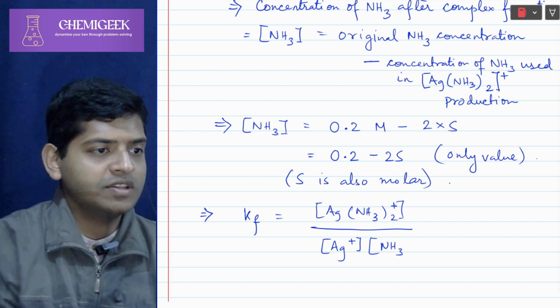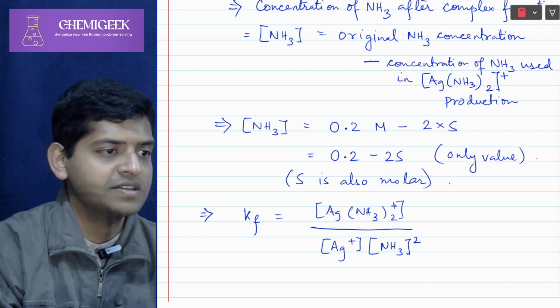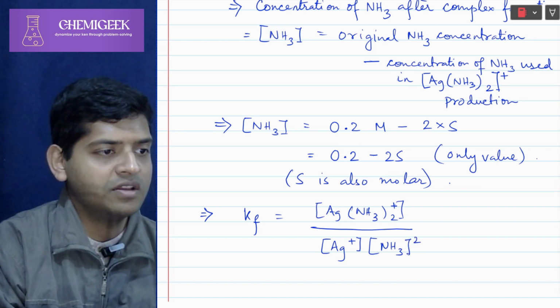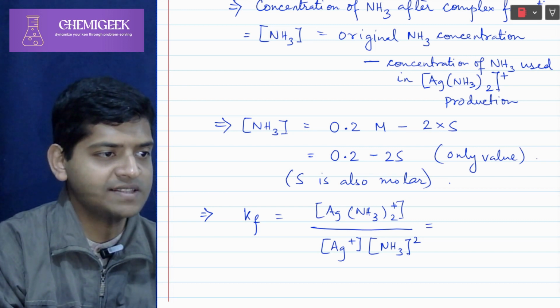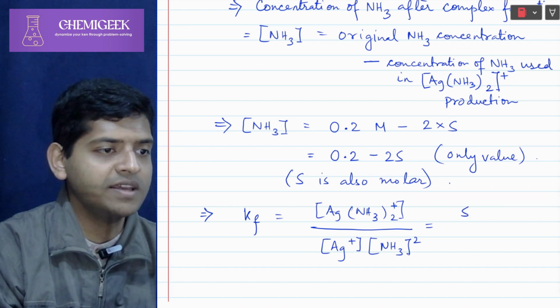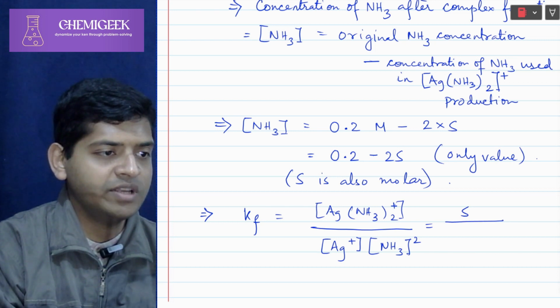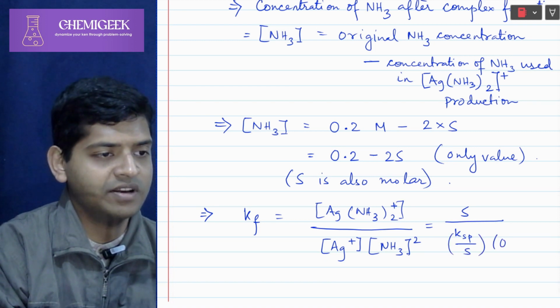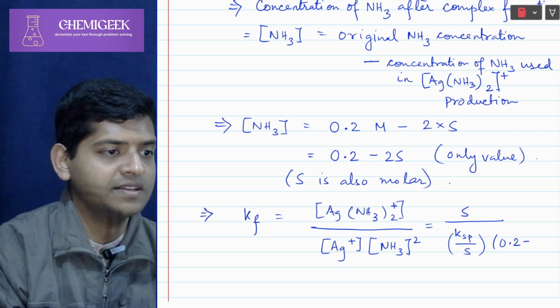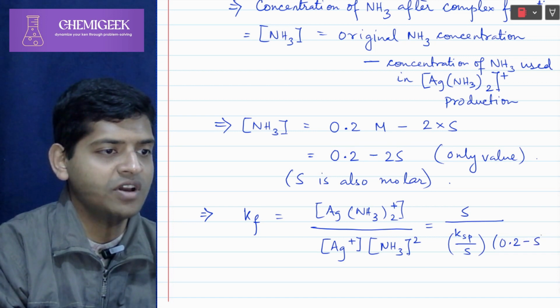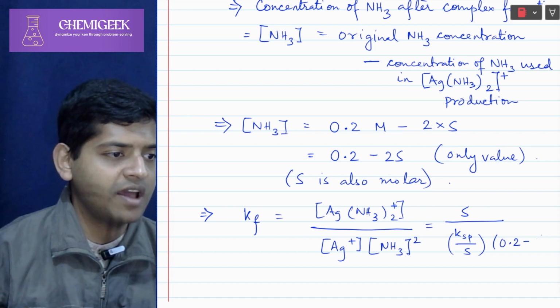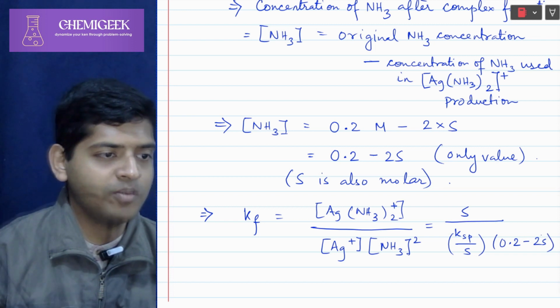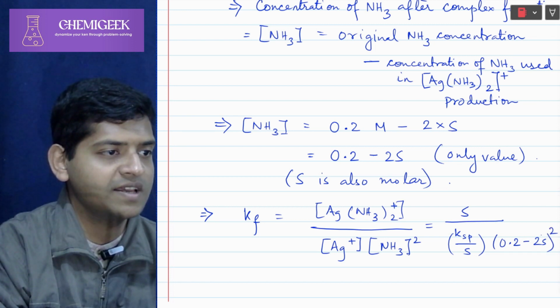It is equal to the solubility S, because the concentration of the silver amine complex is also the same as S, divided by the solubility product divided by S, because the concentration of the silver ion itself is Ksp divided by S, and the final concentration of the ammonia molecules remaining in the solution after complexation is 0.2 minus 2S.